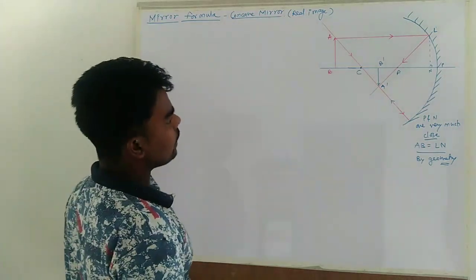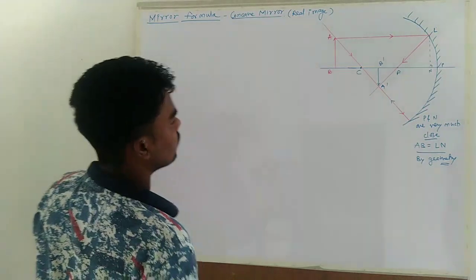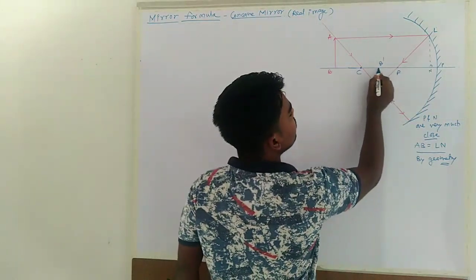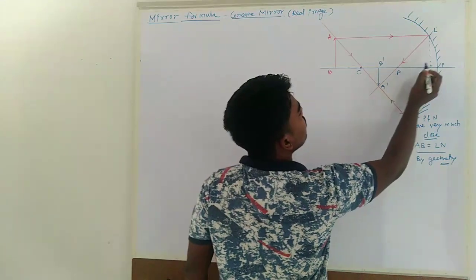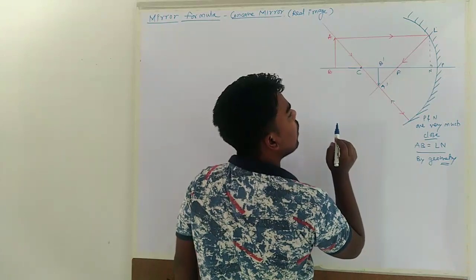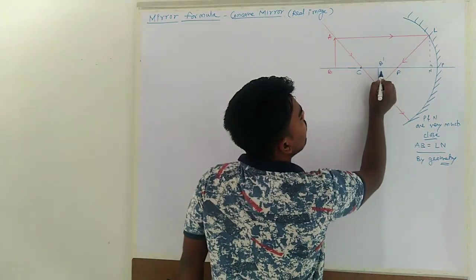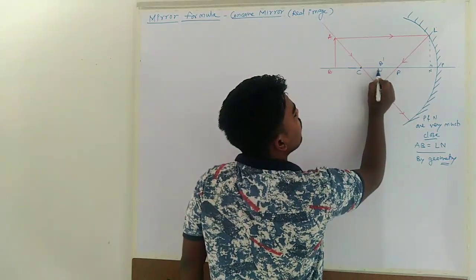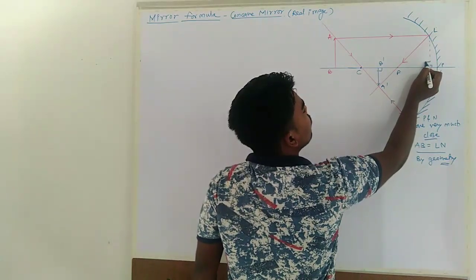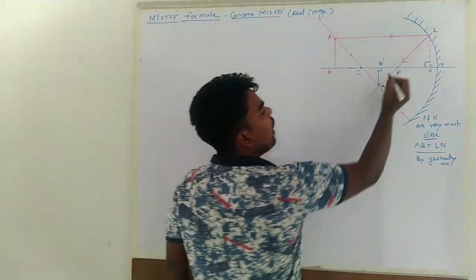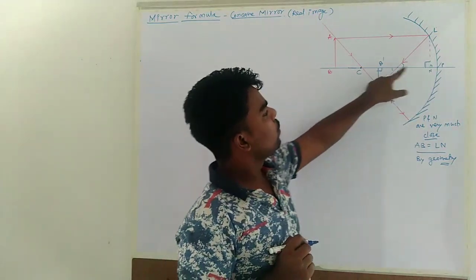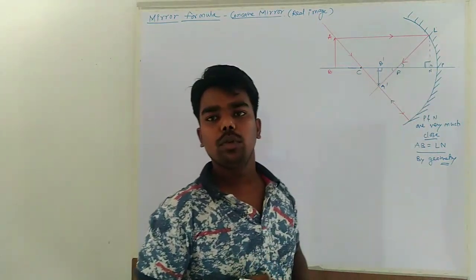Now if we see here, we have two triangles. Triangle A dash B dash F is similar to triangle LNF. How is it similar? This AB is perpendicular over here, and this is also perpendicular, so both the angles are the same, and this angle is opposite to each other, and if two angles are equal, then the third angle will also be equal.